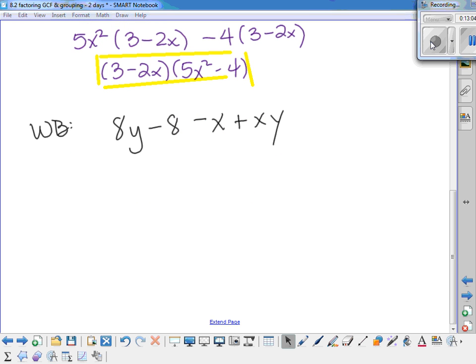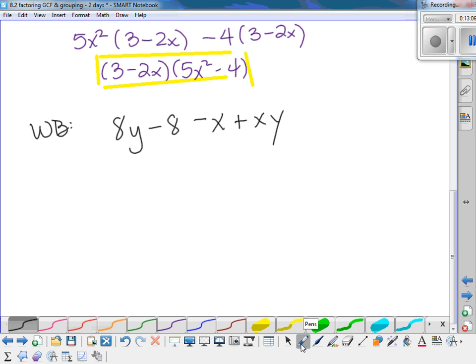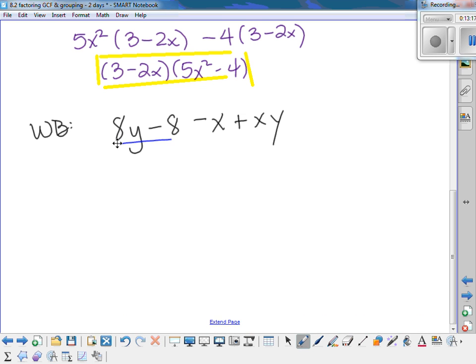This one's a little bit tricky because it messes with your brain a little bit. Almost. Yes. All right, so if we look at them in groups, I take the 8 out of the first one, right? And when we have a negative, you guys have been taking out a negative, right?